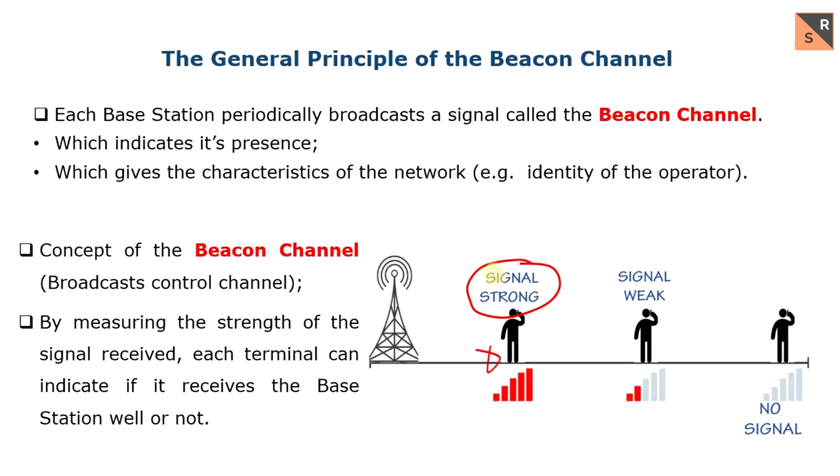This corresponds to having a lot of bars on the terminal's display. The further you are from the base station, the fewer bars you have, as you can see here. When the terminal doesn't detect any signal, then it displays this message: no network. And logically, there aren't any bars, as you can see in this last one.